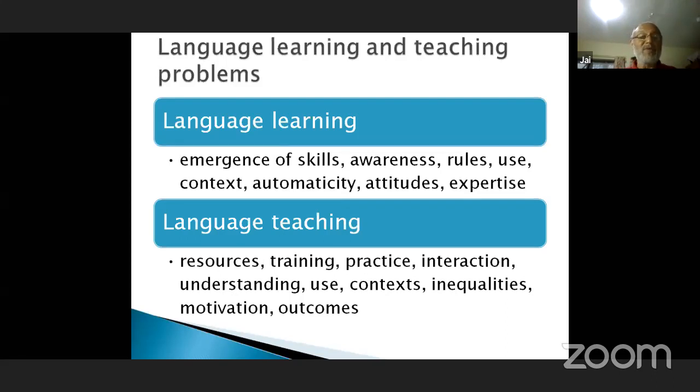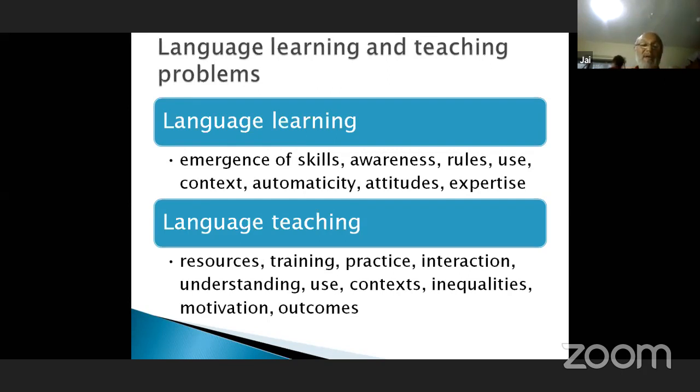And when we talk about contextualization, DNG knows, because he has also done his research on instruction in different contexts. And then automaticity, this goes back to structural linguistics and behaviorist psychology, and language attitude while learning. Some children do have favorable, positive attitudes to learn a language. Some people think, oh, I don't want to learn this language. It's horrible. And maybe expertise, how expertise can be developed through language learning.